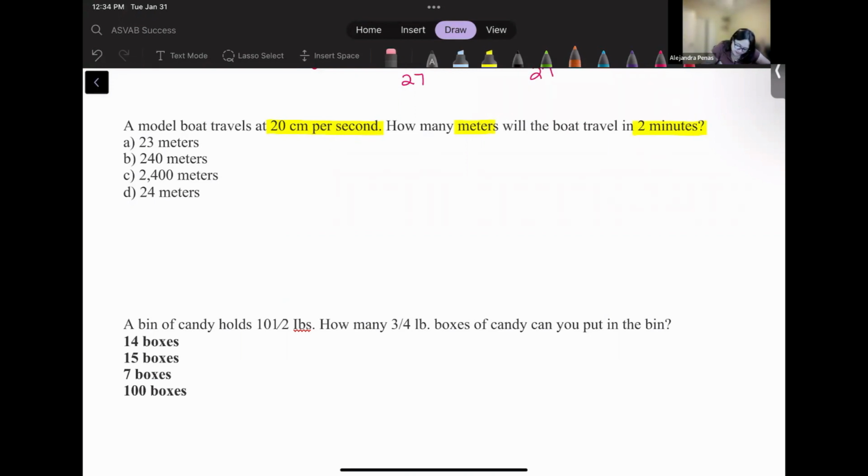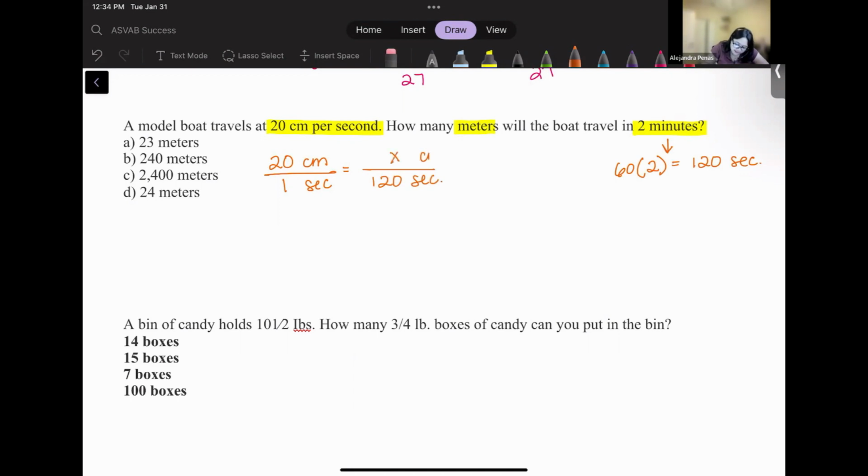So the speed that we have so far is 20 centimeters in 1 second. First, I'm going to determine how many seconds there are in 2 minutes, and then I'll deal with the meters. There are 60 seconds in each minute, so 60 multiplied by 2 would equal 120 seconds. That is the number that I'm going to put at the bottom of my proportion.